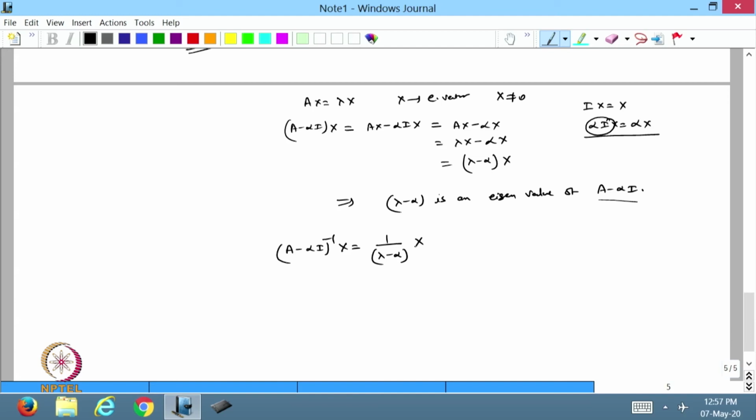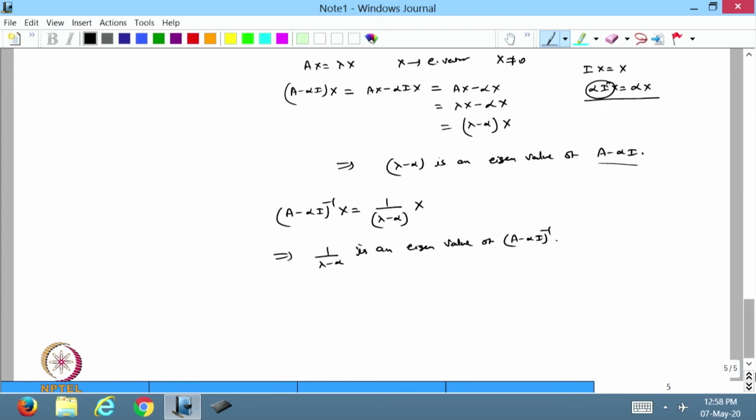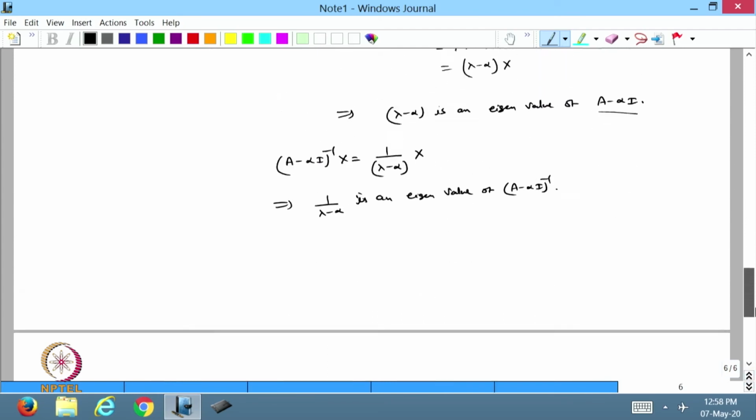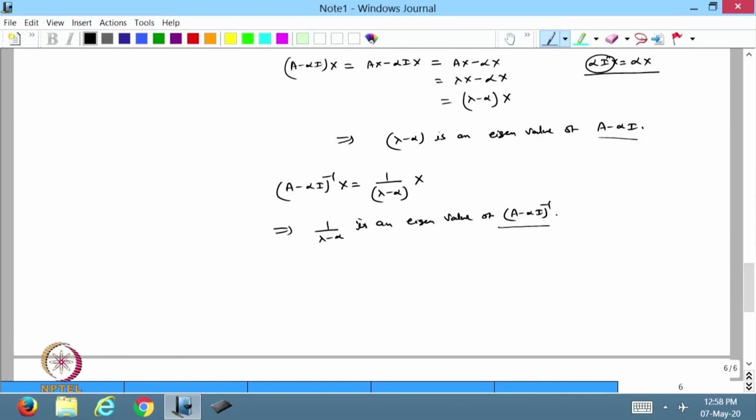So, I can say that 1 over lambda minus alpha is an eigenvalue of A minus alpha I inverse. Now, what will happen? I want to apply the power method to this matrix.